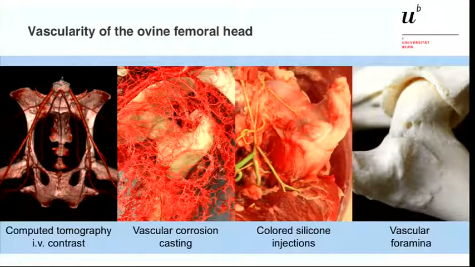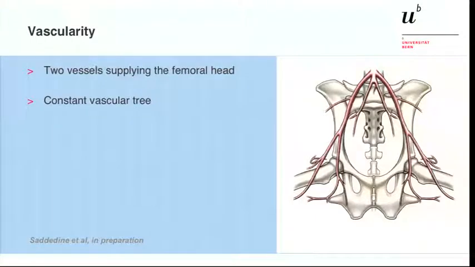A second pilot study was this vascularity of the ovine femoral head. We did computer tomography scans with IV contrast, some vascular corrosion casting, colored silicone injections, and we also counted the vascular foramina, exactly what we have also done for the human femoral head in the last 10 to 15 years. And what we found were two vessels that were supplying the femoral head. It's also very similar to what we have in human beings, except that everything is rotated 90 degrees.